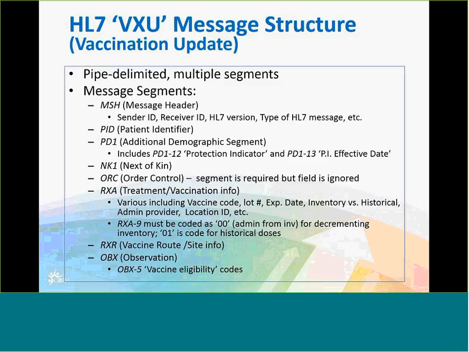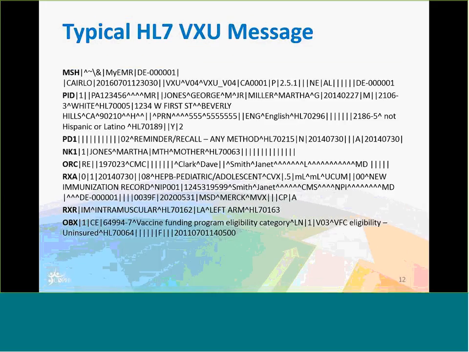The RXA, this includes treatment and vaccination info. The RXR, the vaccine route and body site info. And the OBX, the observation. This segment has information on vaccine eligibility, specifically the OBX5 field. On screen, you'll see a typical HL7 VXU message.